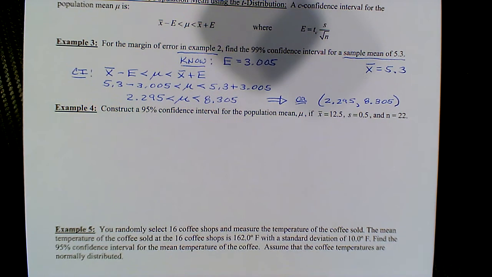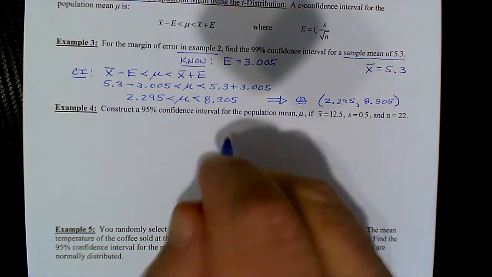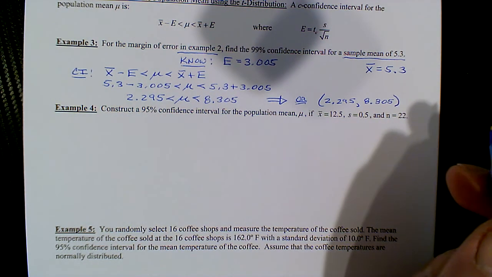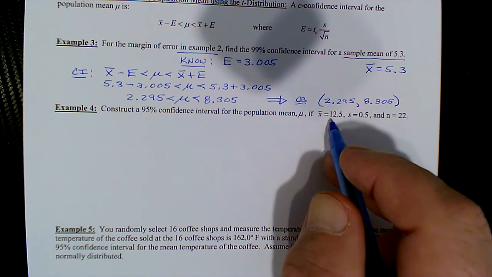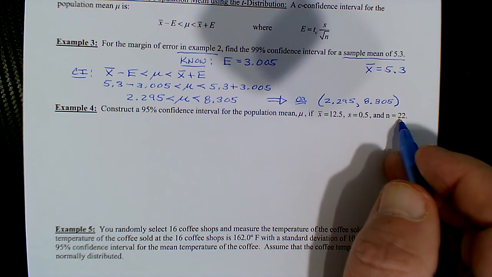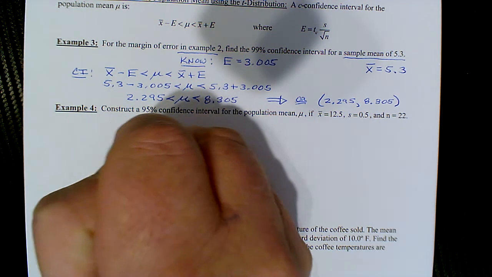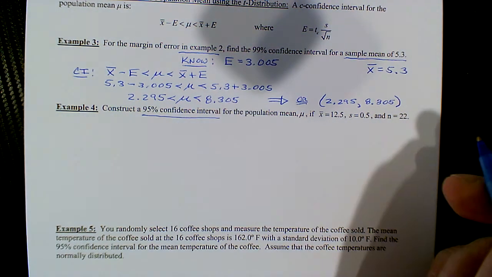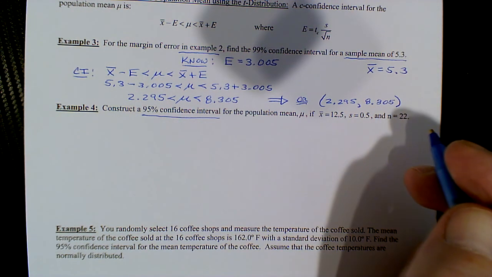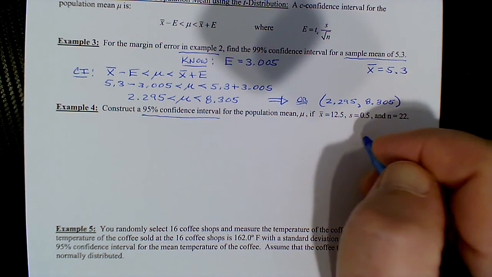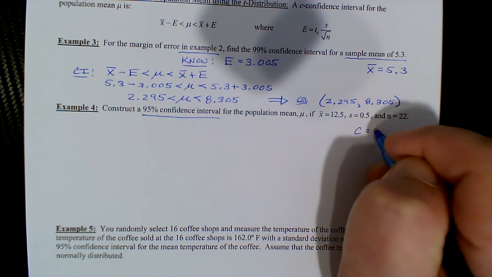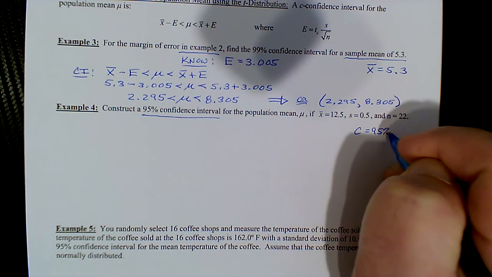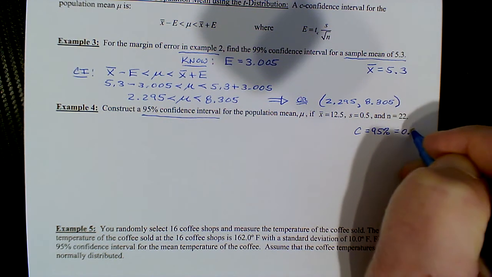Okay, so now they're just giving us everything, and we're going to put it all together. But we'll see word problems in a minute. Here they give us X bar, S, and N, and ask us to find the 95% confidence interval. So we could construct that. First, starting with the confidence level, 95%, 0.95.